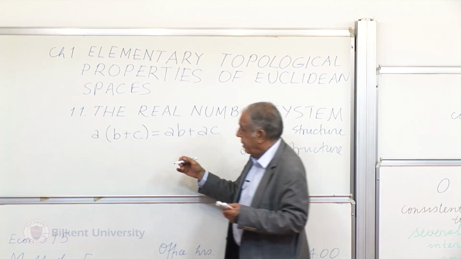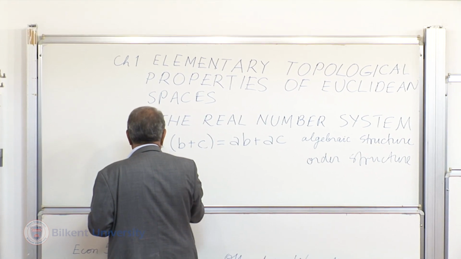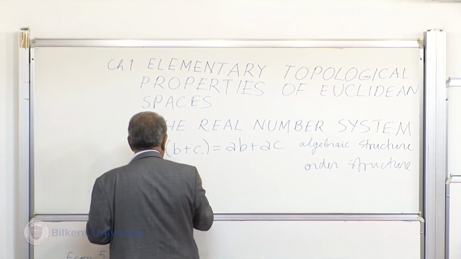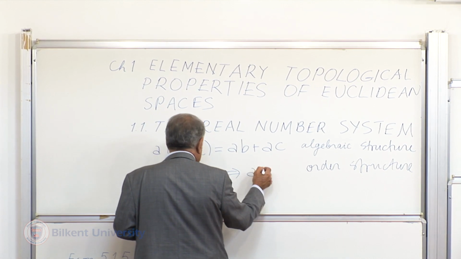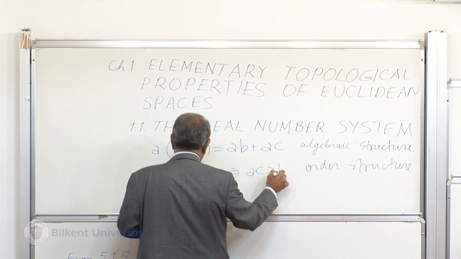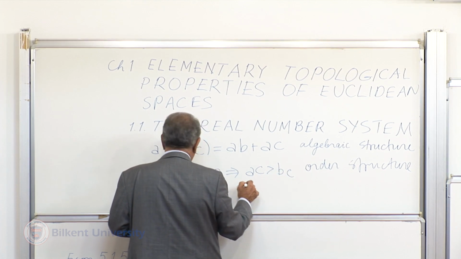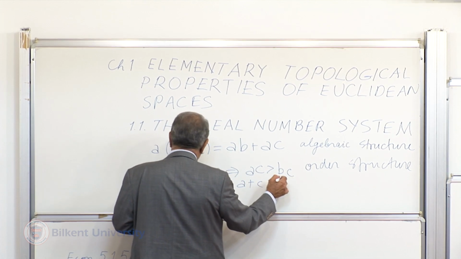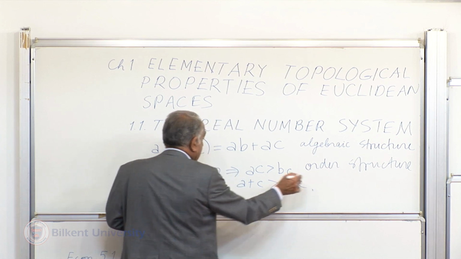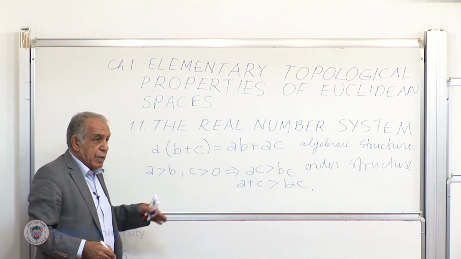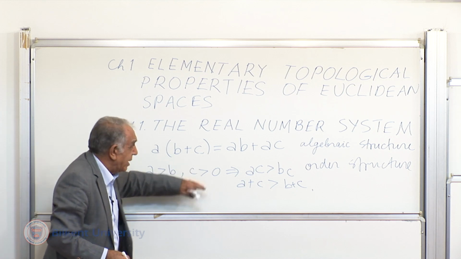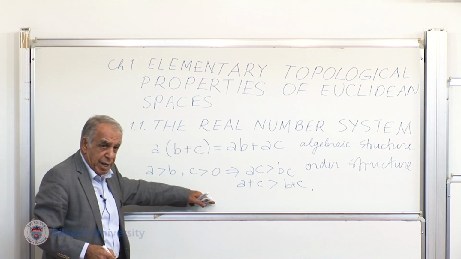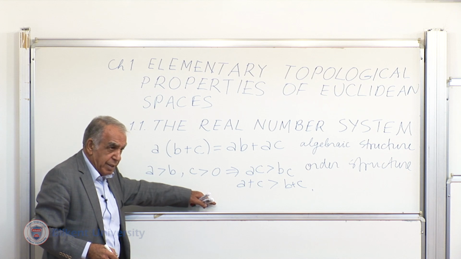For example, if A is larger than B and C is positive, then AC is larger than BC, and A plus C is larger than B plus C. You have several such relations which interconnect the algebraic structure with the order structure.